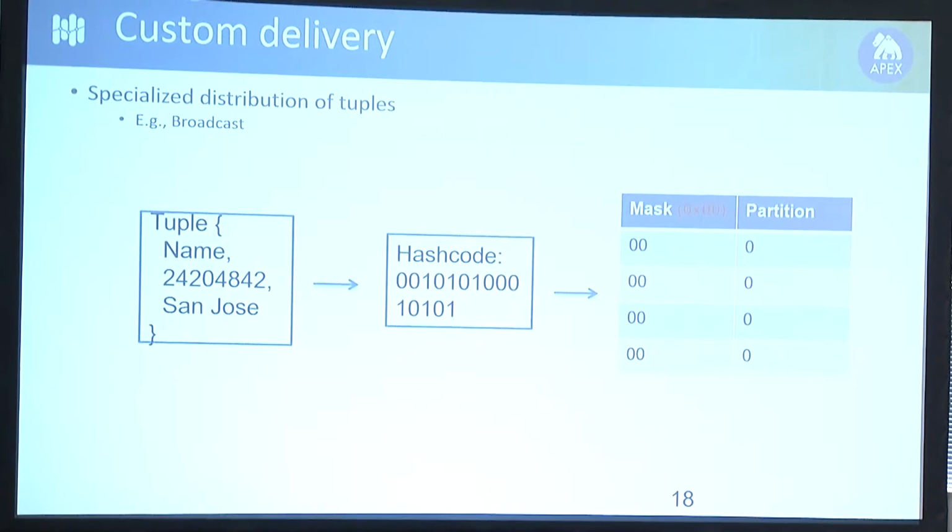Then you can set the mask to 0, and all the partitions will listen to 0. What will happen is the hash code will be ANDed with the mask, and since anything ANDed with 0 is 0, and all the partitions are listening to the result 0, the data will go to all the partitions. So you have full control of how you can move this data around.